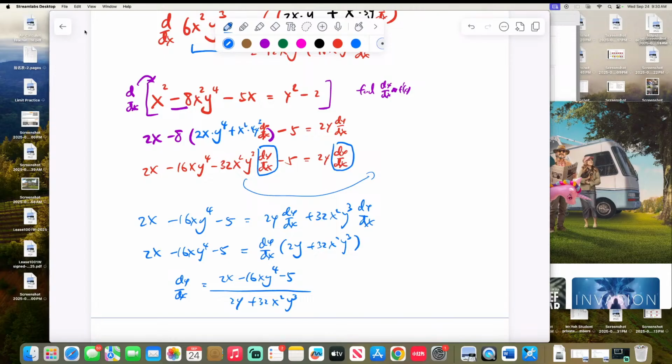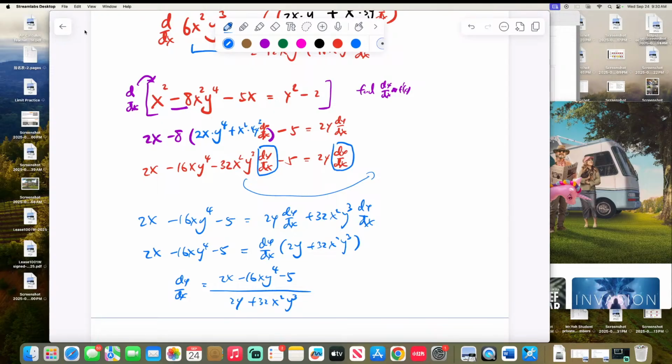This dy dx is the function. Now the reason why you want to use implicit derivative, two situations use implicit derivative. One, you got y to a power other than 1. Second, you have a mix between x and y together. In this case, you got both. You got y to the 4th power, and you got the mixed term x squared y squared.